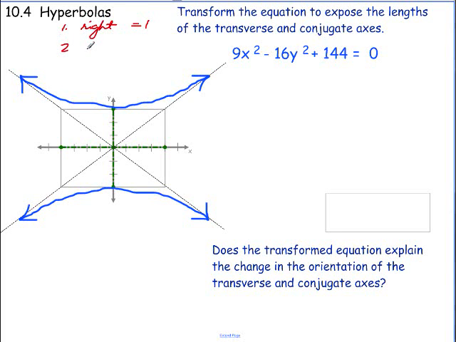And then we worked on the coefficients on the left, all those squared terms. We wanted those coefficients to be equal to 1. Well, that's not the case here. We actually have the right member equal to 0. Well, let's correct that immediately by subtracting 144 from both sides.